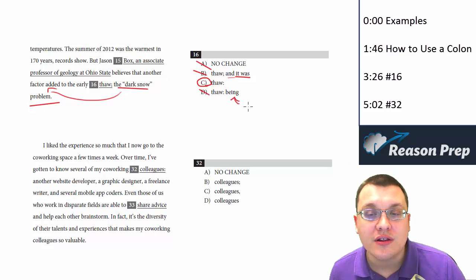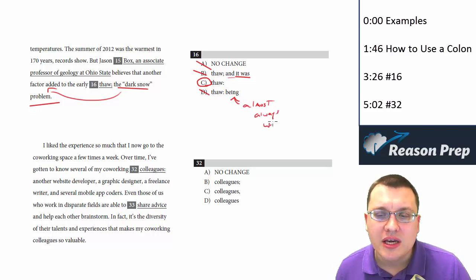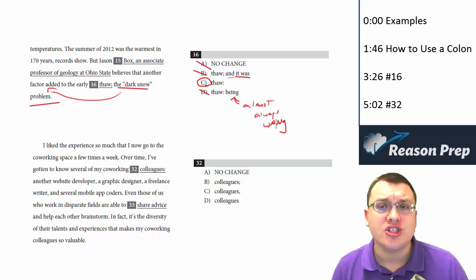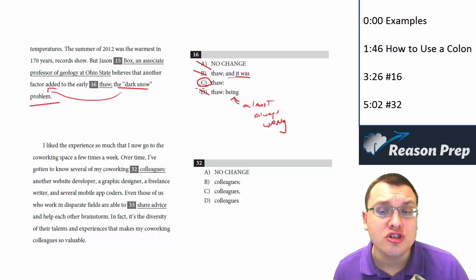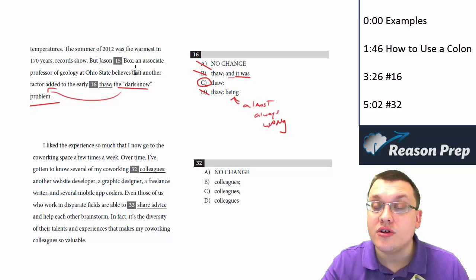Being is something we saw on the old SAT, but it seems to appear here occasionally. Being is almost always wrong. And we could just generalize this to say, as we've discussed previously, the shorter answer is generally the best answer. So if you had to choose between C and D, you would go with C because it's shorter, fewer words. The SAT likes that. So here we go with choice C.